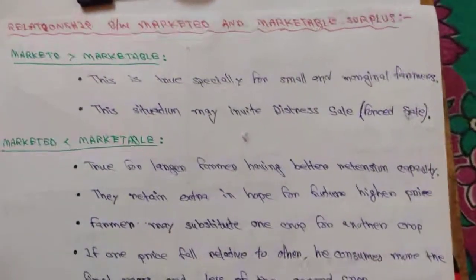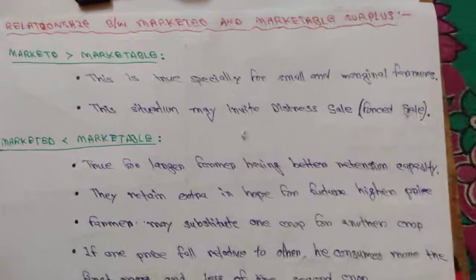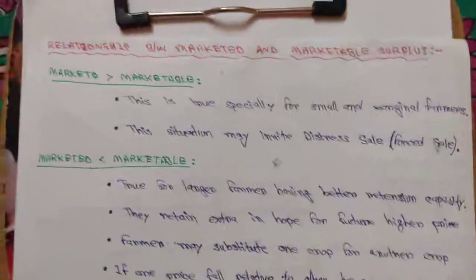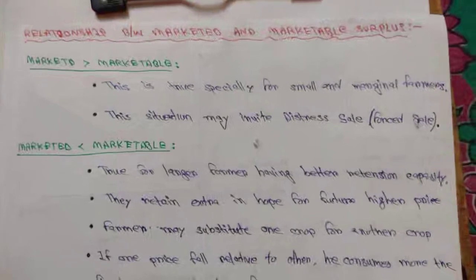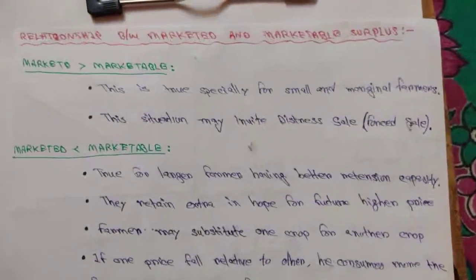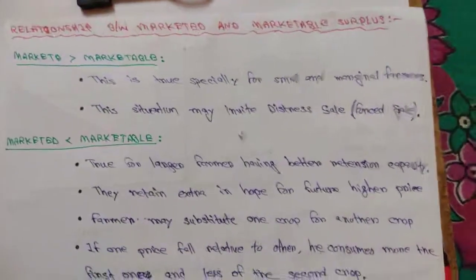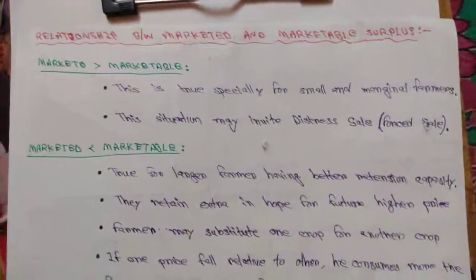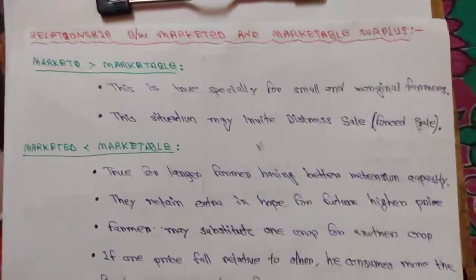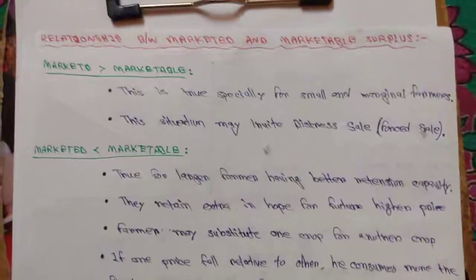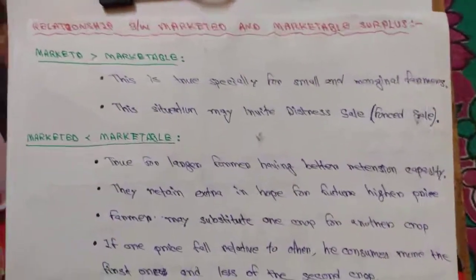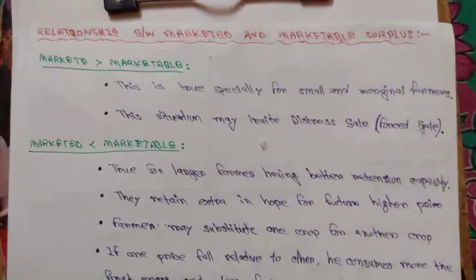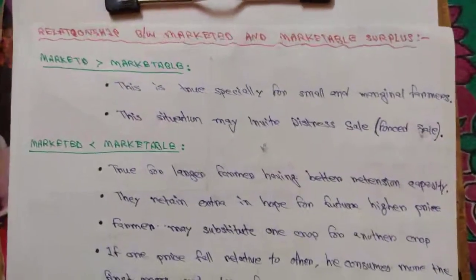So then the marketed surplus will be very high. For example, if a small farmer produces 8 quintal rice and his family requirement is perhaps 5 quintal, he tries to sell at least 6 to 7 quintal. That is more than what is surplus, to get extra money to fulfill his cash requirement.